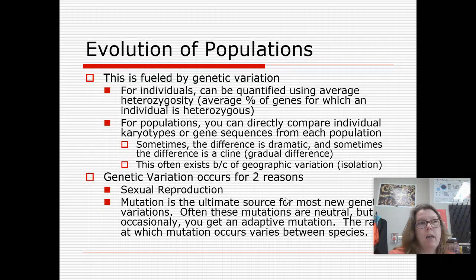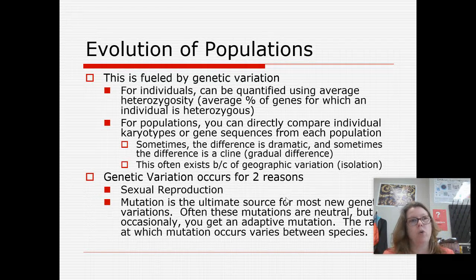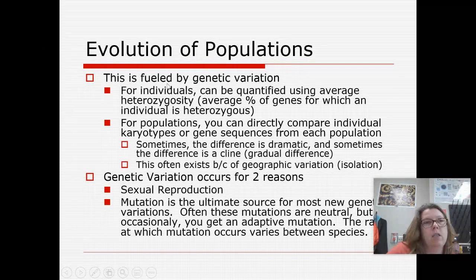It's actually selecting for or against specific genotypes, which means that if you look at all of the genes in the population, or their gene pool, natural selection should change the frequencies or percents of each allele for each trait in the gene pool, and that's what we're talking about here. So the evolution of populations is fueled by this genetic variation.